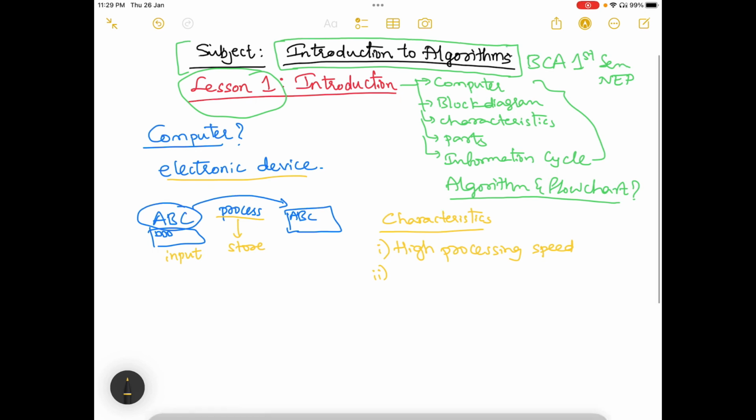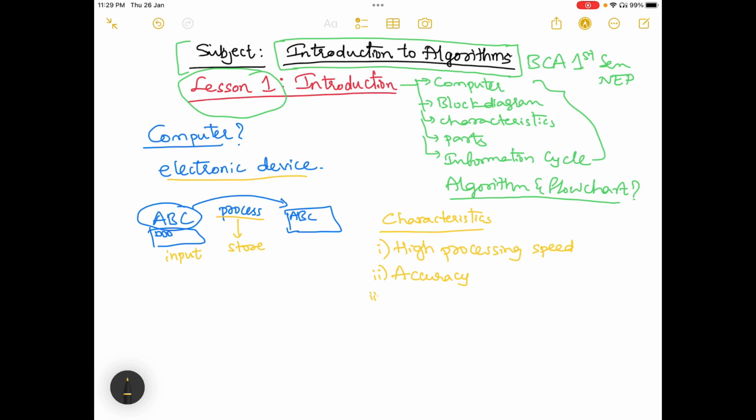Yes, that is the accuracy of the computer system. So whenever we give a proper input, we will be getting a proper output as well. But if we give a wrong input, then we may get an error as well, right? So that is what is meant by accuracy.